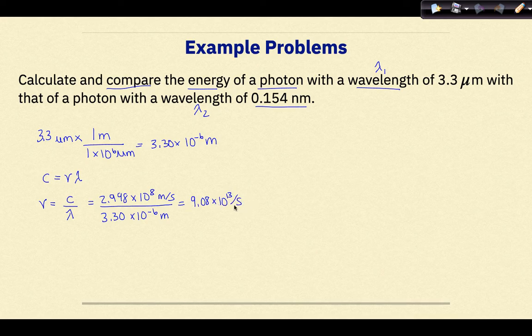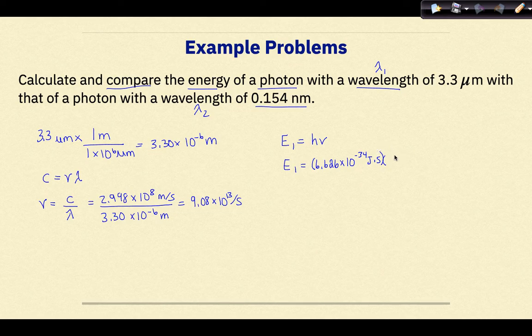So now that I have my frequency, I can find the energy associated with wavelength 1. So energy is equal to Planck's constant times frequency. Energy is equal to, so Planck's constant is 6.626 times 10 to the negative 34 joules seconds.